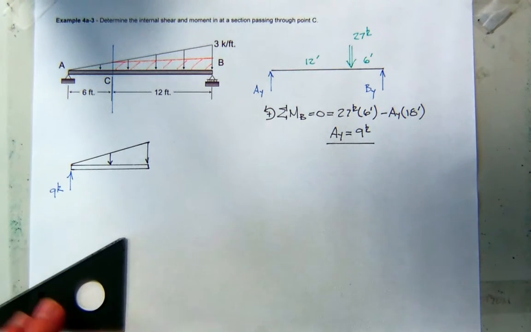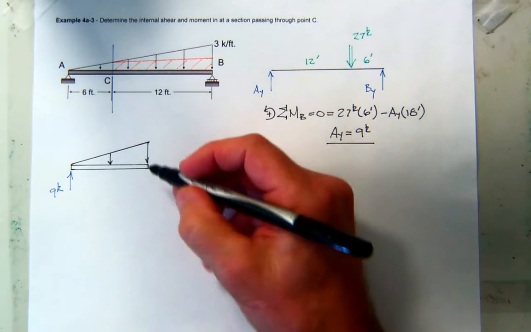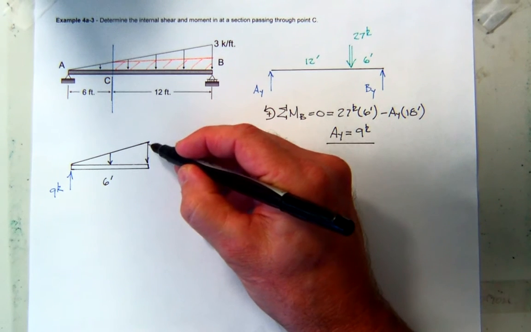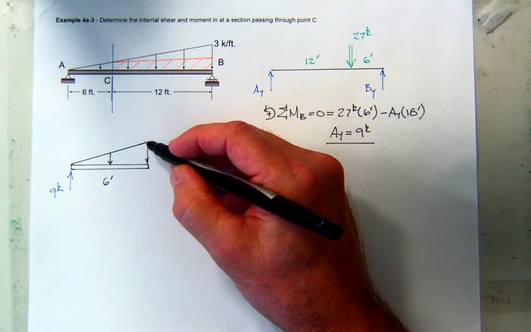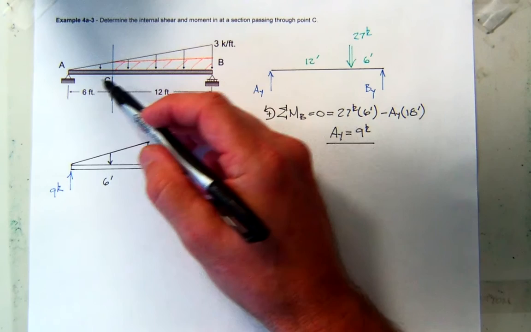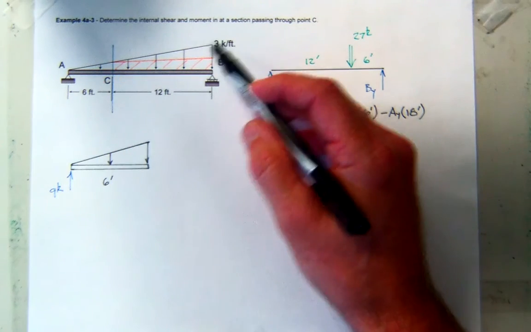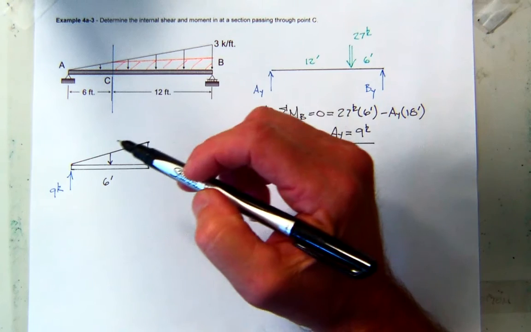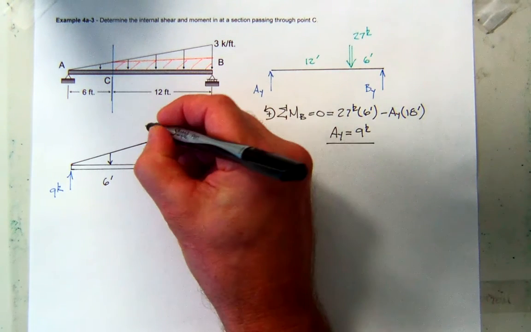So what is the intensity? Oh, I'm sorry, this is a 6 foot length. So what's the intensity of the load here? 1 kip. Yeah, it's a similar triangle, right? I know at 18 feet it's 3, so at 6 feet, 6 is 1/3 of 18, so 1/3 of 3 is 1.